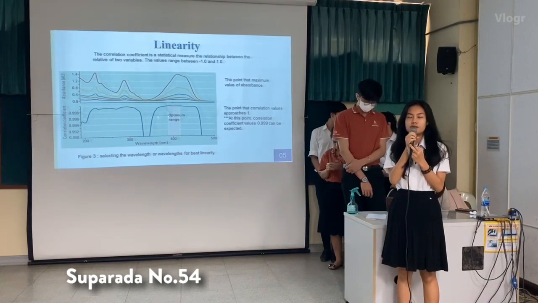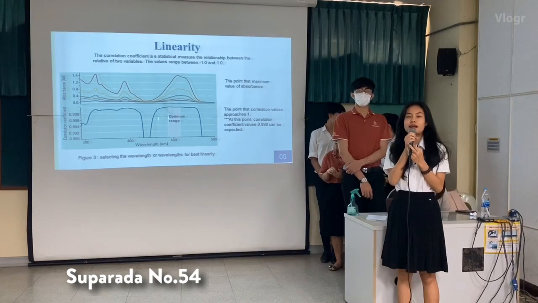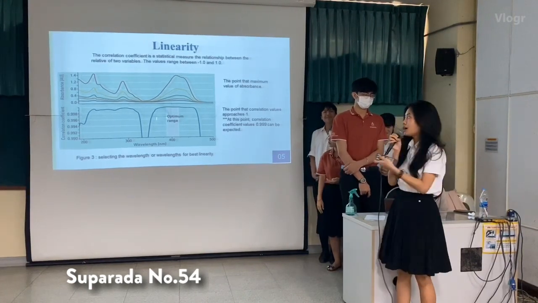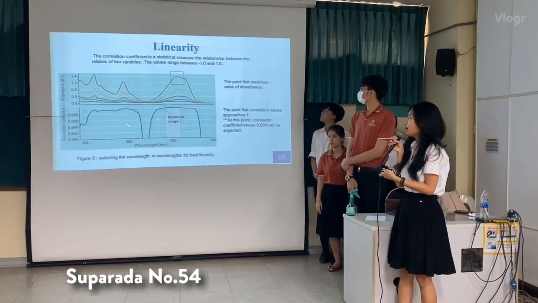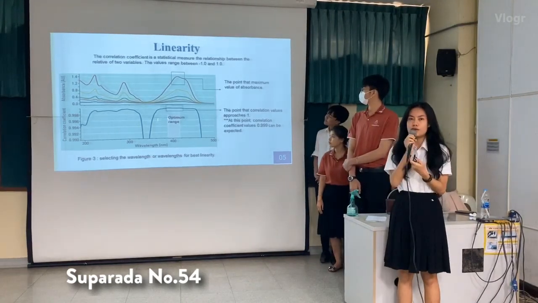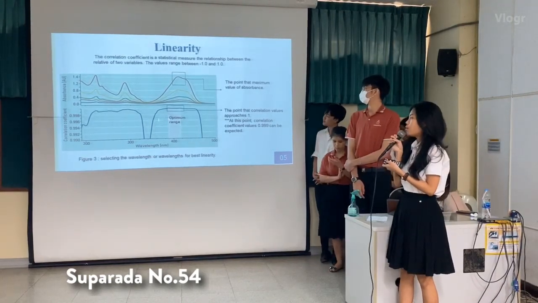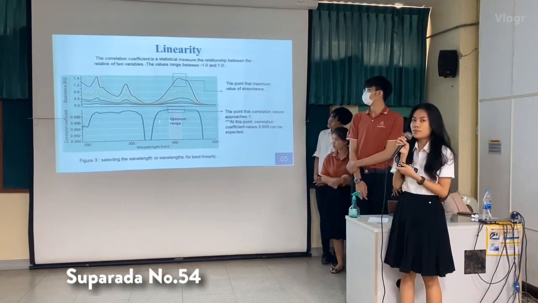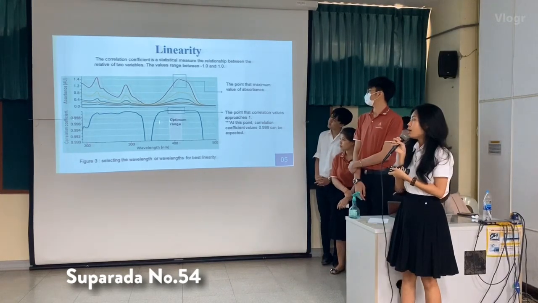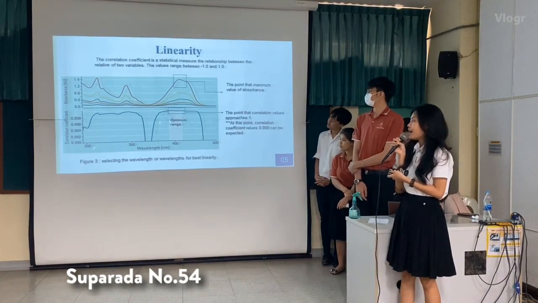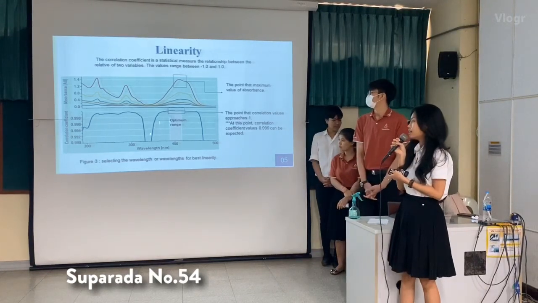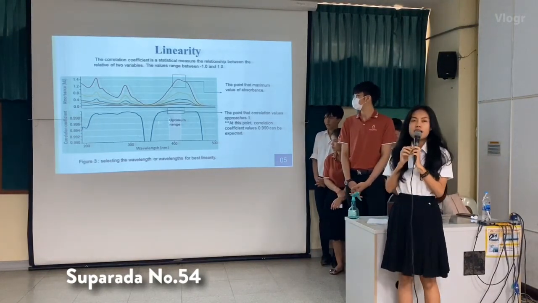If the value is close to +1, that means the best correlation. In figure 3, there are two graphs: the upper graph has absorbance on the y-axis and wavelength on the x-axis, and the lower graph has correlation coefficient on the y-axis and wavelength on the x-axis.